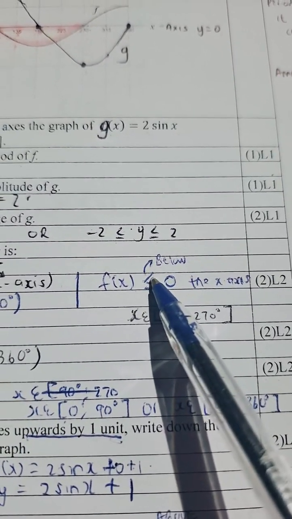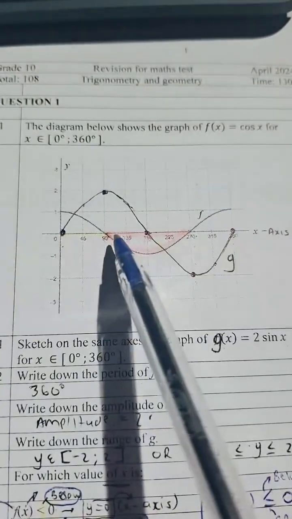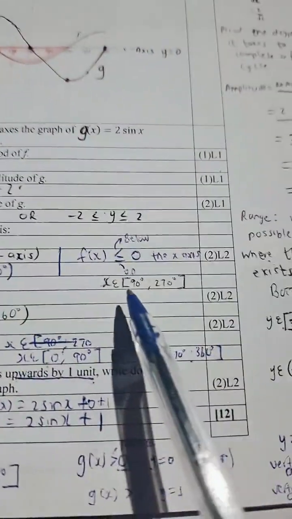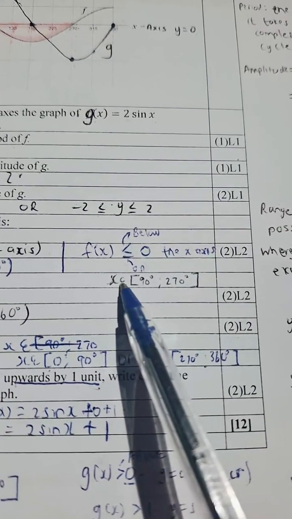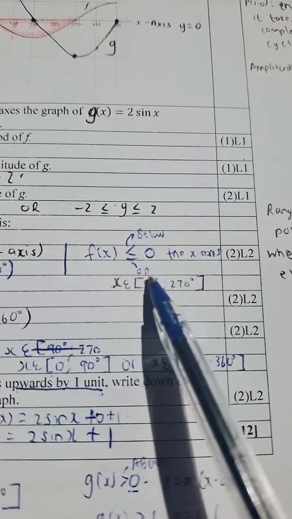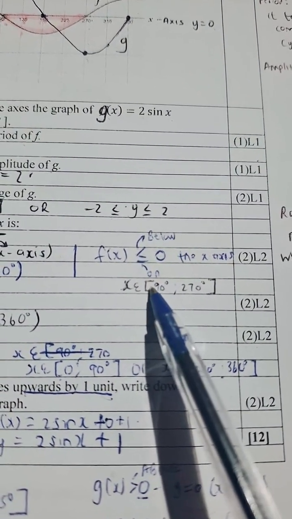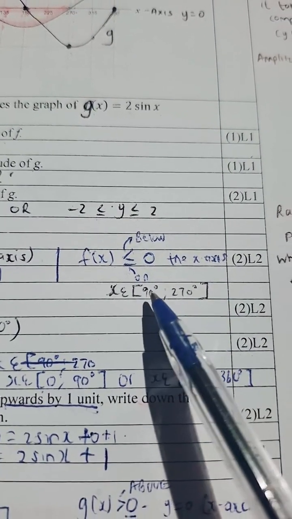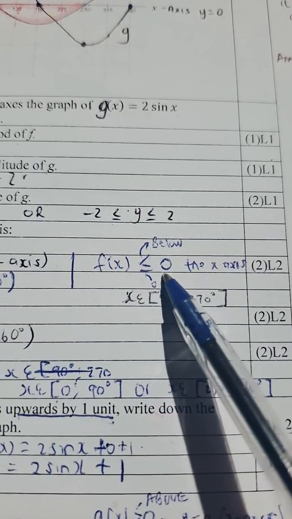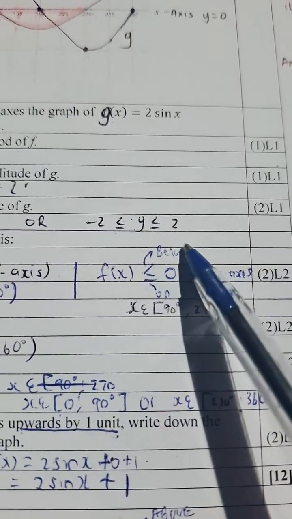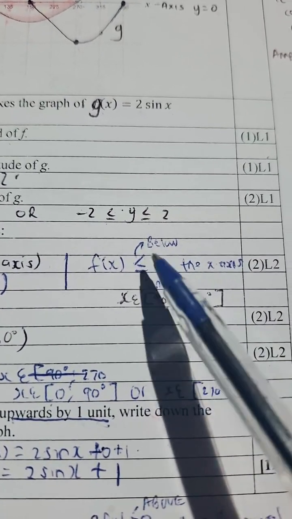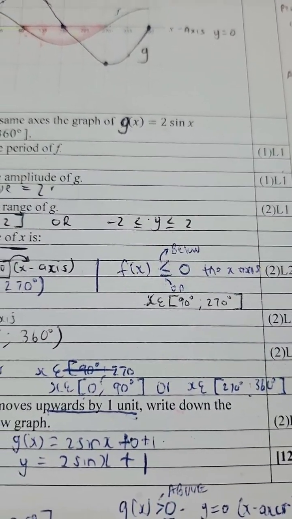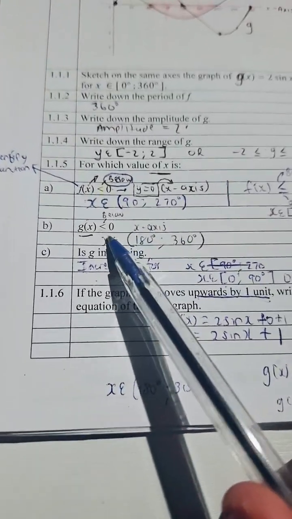Then for below, where is the function below the x-axis? It is between these two values. So now when we write the answer, we say x is an element. We no longer use open brackets, but we use square brackets, or closed brackets, for both sides, because for both 90 and 270 the function is on the x-axis, and between 90 and 270 the function is below the x-axis. I hope that's clear for all of you.